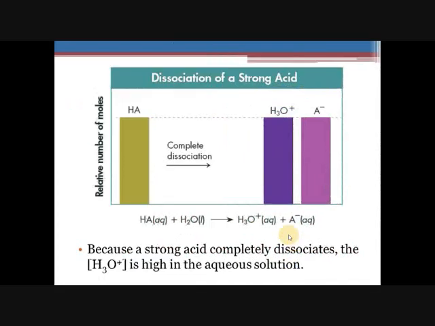The dissociation of a strong acid shows how, when you're done, on the product side after the reaction takes place, there's no acid left, just the hydronium and then the anion. Because a strong acid completely dissociates, the concentration of the hydronium ion is high in aqueous solutions of strong acids. A weak acid, on the other hand, only slightly dissociates in solution.